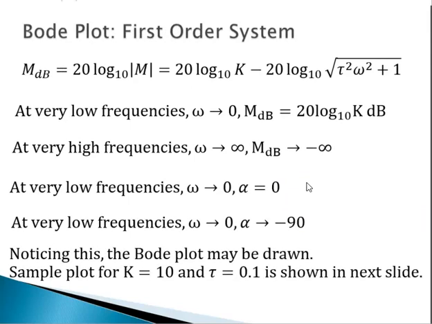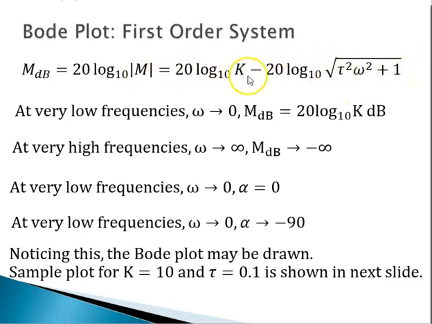We see what happens at very low frequencies. At very low frequencies, tau omega tends to 0. So this whole expression becomes 20 log to the base 1, which is 0.